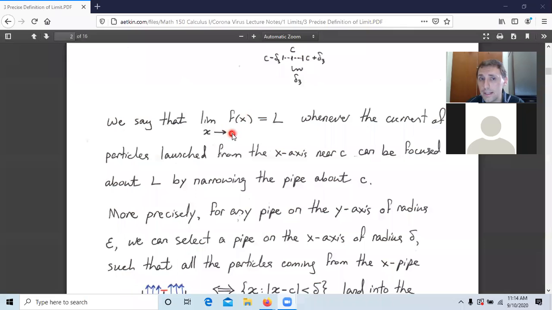So we don't plug in C, but we select numbers that are a close approximation of C, correct? And if we claim that the limit is L, that means that the outputs become close approximations of L. I like to call it: plug in a C-like number and get out an L-like number, okay?